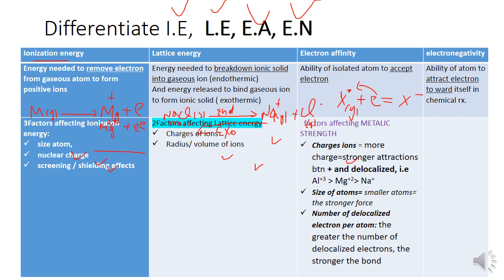If the charge increases, for instance across the period, sodium is 1 plus, magnesium is 2 plus, whereas aluminium is 3 plus. According to this, aluminium is more metallic because it has more charge. As the charge increases, metallic strength increases. Also the size of the atom: a small atom has a stronger attraction force, as does a greater number of delocalized electrons. Those are the differences between those key points.